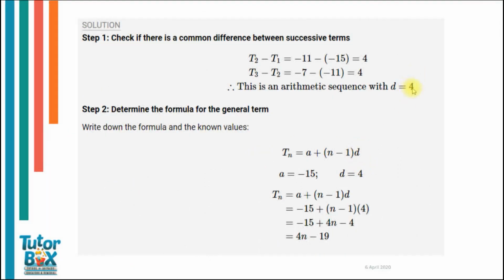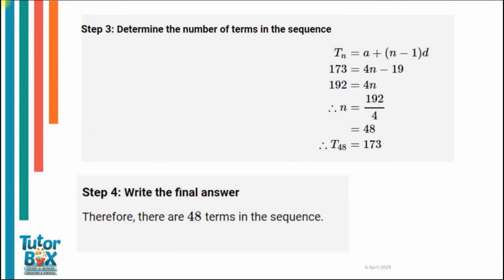We substitute: Tn equals minus 15 plus n minus 1 multiplied by 4. If we simplify this, we get 4n minus 19. So this is the general term. When they ask for the formula for the general term, make sure that you leave it in terms of that n.